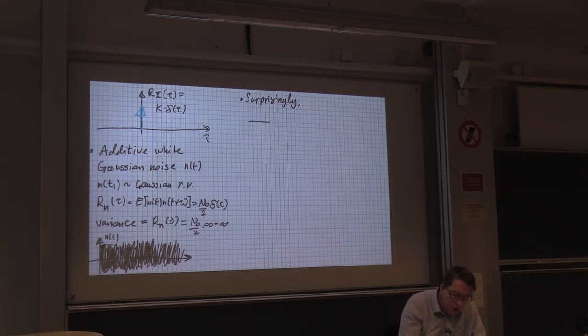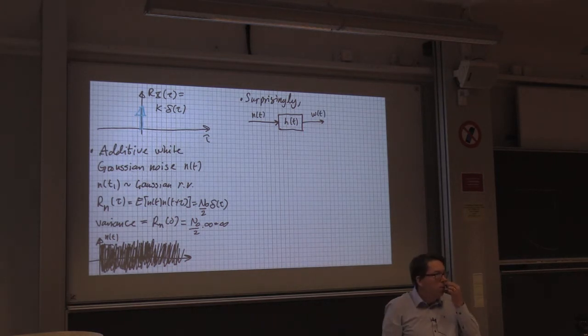So surprisingly, if we take this horrible white noise and feed it through a filter with some impulse response, let's call it h, and then look at the output, w(t), what can we say about w(t)? Well, it's the convolution of the input with the impulse response.